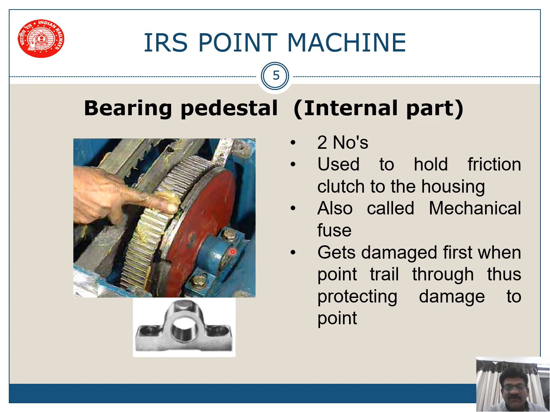So that is why it is called a mechanical fuse. It gets damaged first when the point is trailed through, thus preventing damage to the point machine.